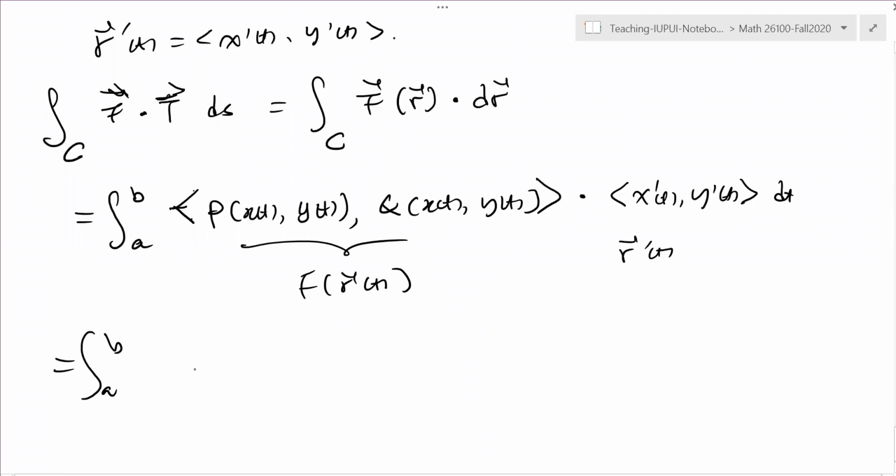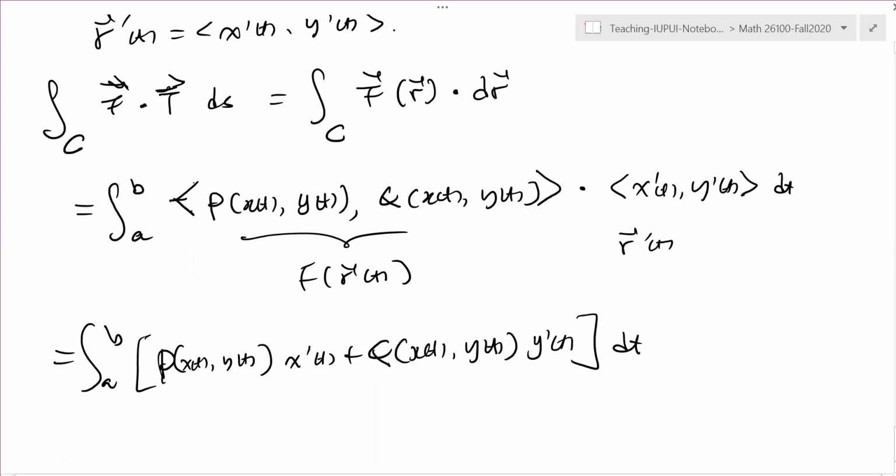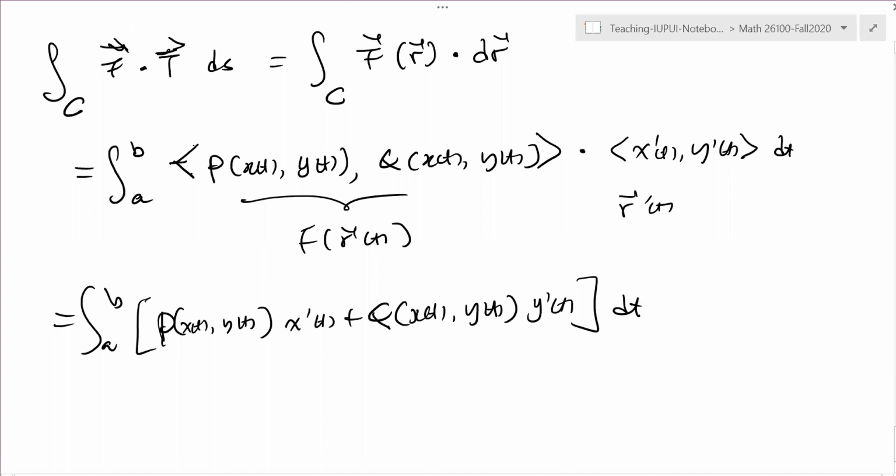If I multiply them out, I get P(x(t), y(t)) x prime t, then Q. Okay, that's it. So you can evaluate this using this formula.